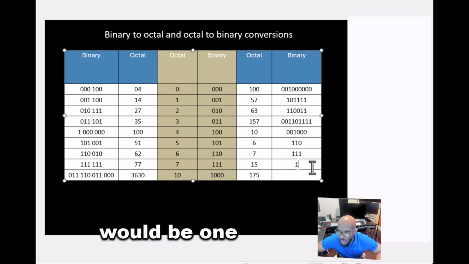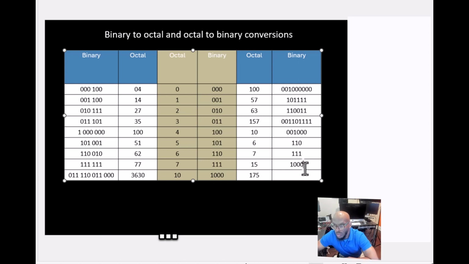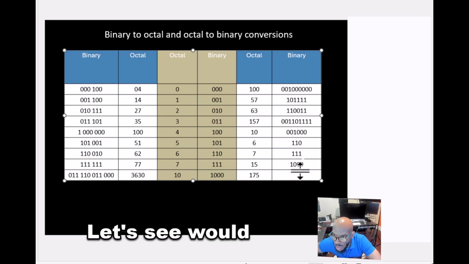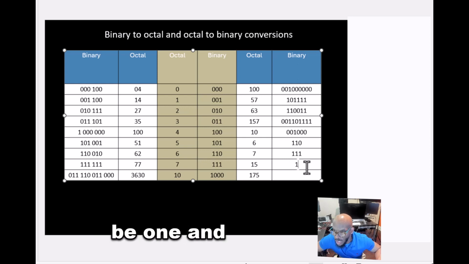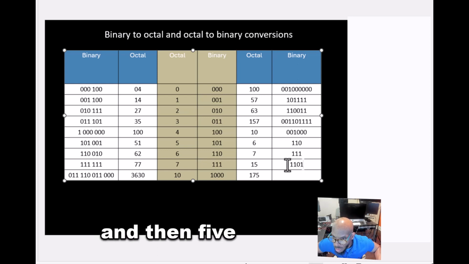15 would be 1000. Let's see, would that be right? Let's make sure we got this one right. Okay, so that would be 1 and then you have 5, so that would be 101.